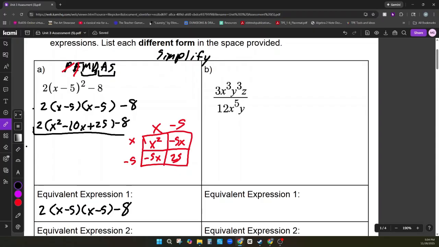This would have counted as a totally new form, as would distributing my 2 at this point, which would give me 2x squared minus 20x plus 50, if that makes sense, minus 8.